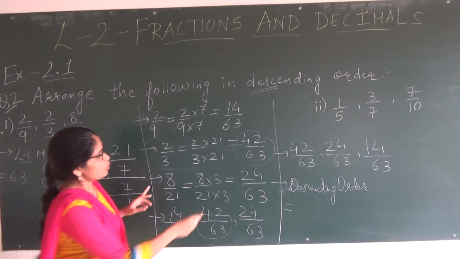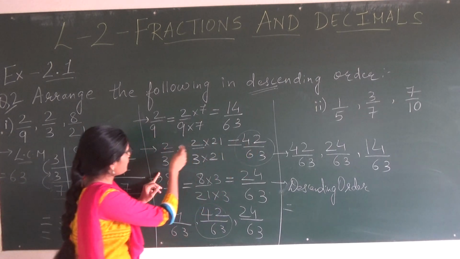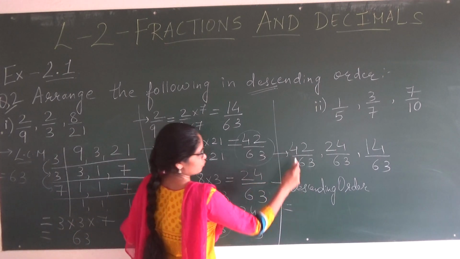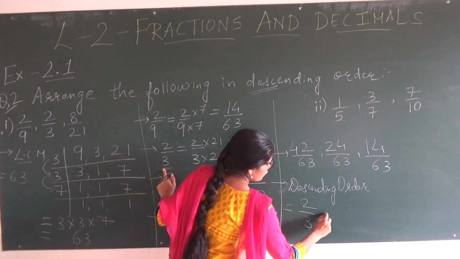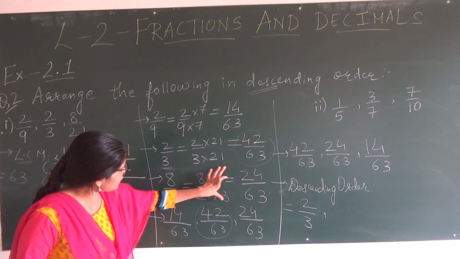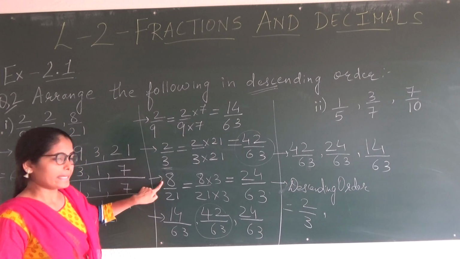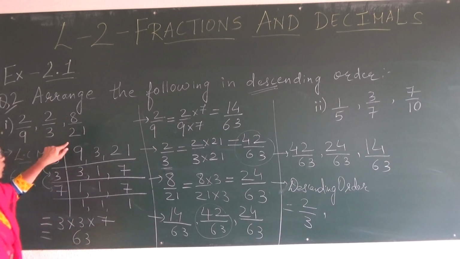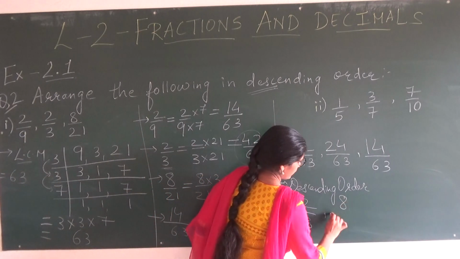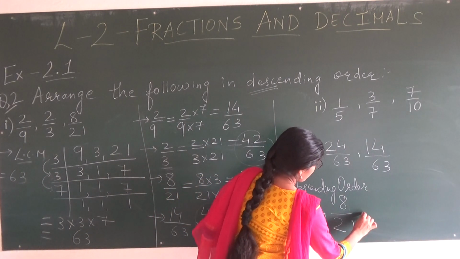So in place of this, we will write 2 upon 3. Next is 24 upon 63. So 24 upon 63 means which fraction it was? 8 upon 21, from the question. So 8 upon 21.